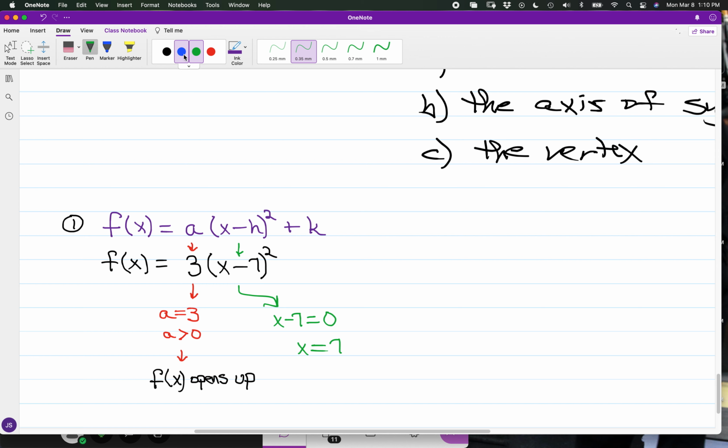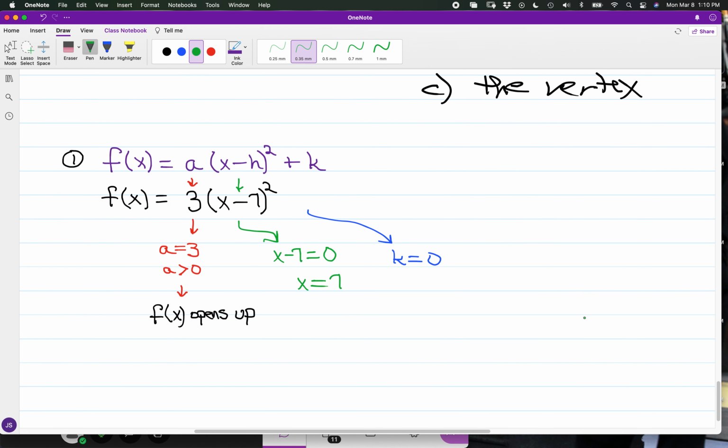And as for the k value, notice we don't have anything added or subtracted, so since we have a void, k is equal to 0. So with x equal to 7, it follows that x is equal to h is equal to 7.